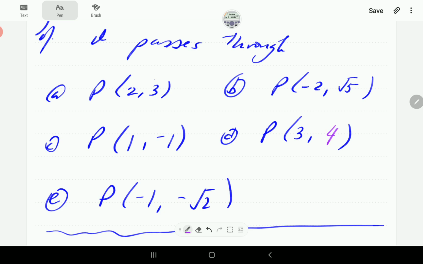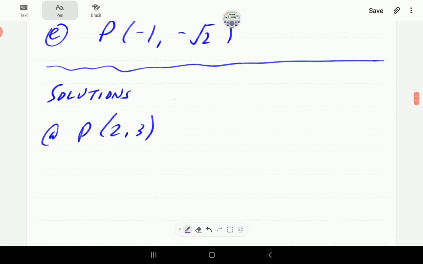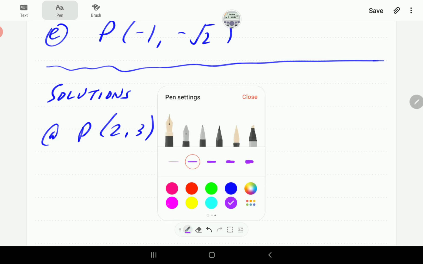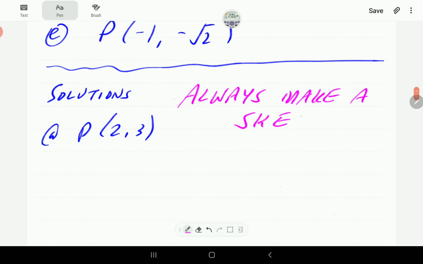We are going to do A, B, and C, and then we're going to give you an opportunity to do D and E. In A we have a situation where the terminal side goes through (2, 3). One tip for this type of question is to always make a sketch.